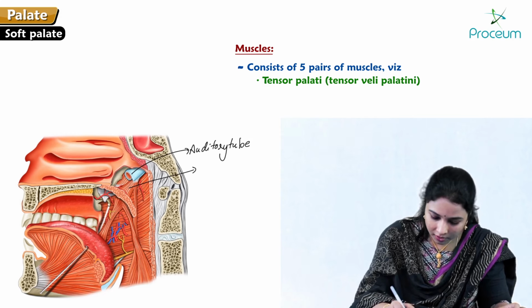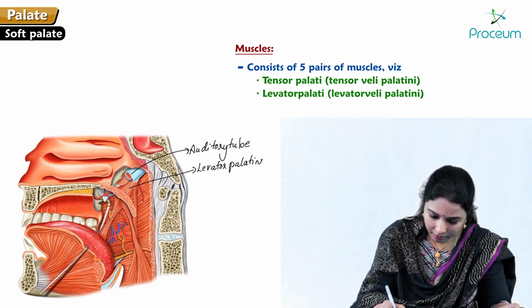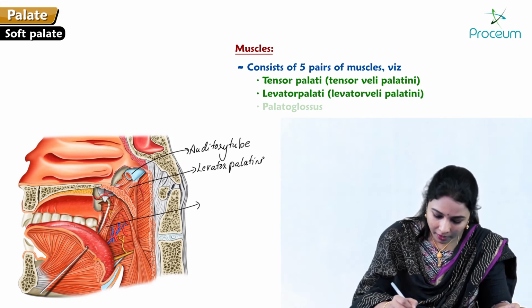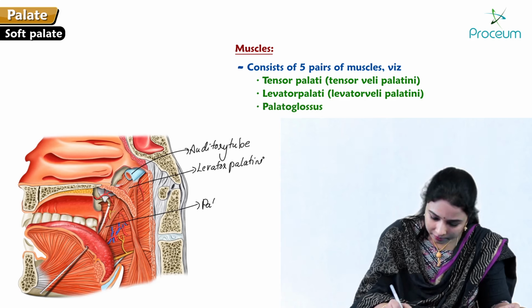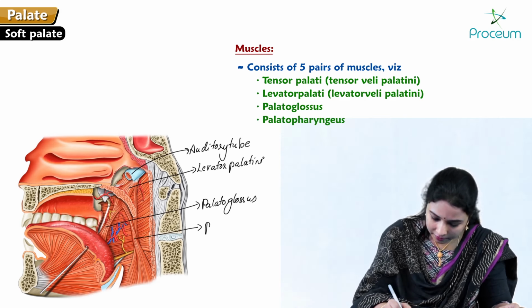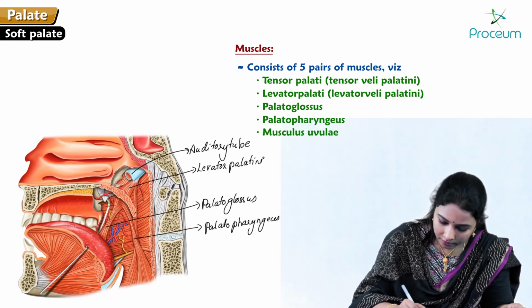So, here is the levator veli palatini. Palatoglossus muscle, palatopharyngeus, and musculus uvulae.